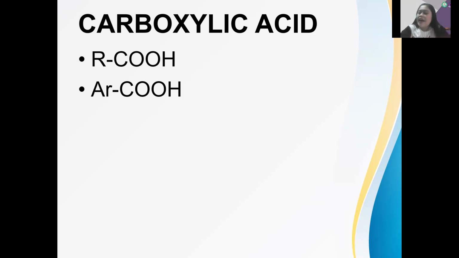In our inorganic chemistry, we identified a lot of inorganic acids, and mostly they are classified as strong acids. This time, the organic acids, or those which contain carbon, are most likely classified as weak acid.